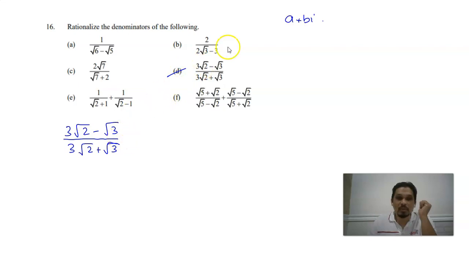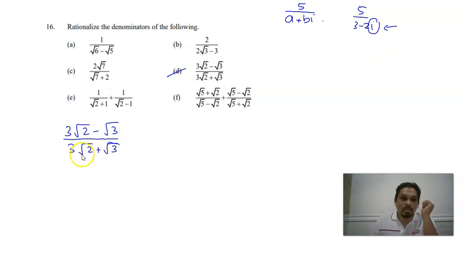Let's say 5 divided by a plus bi, 5 divided by 3 minus 2i, for example.